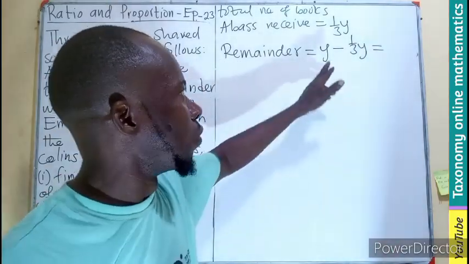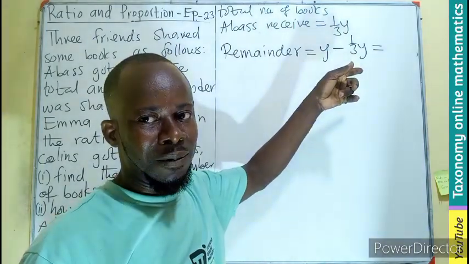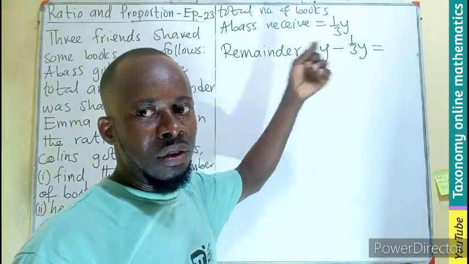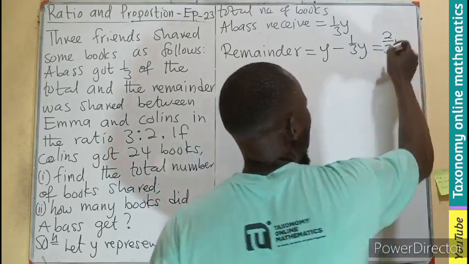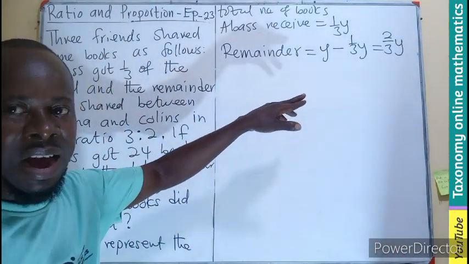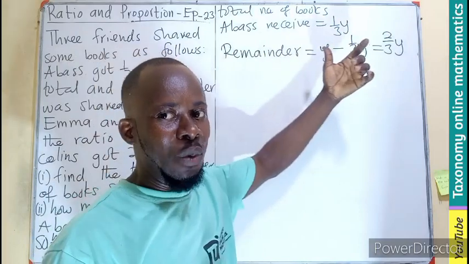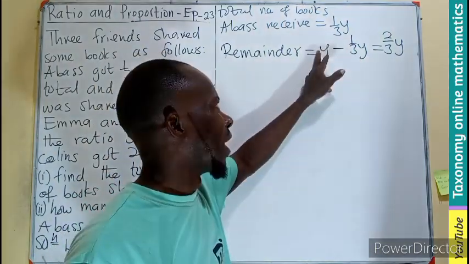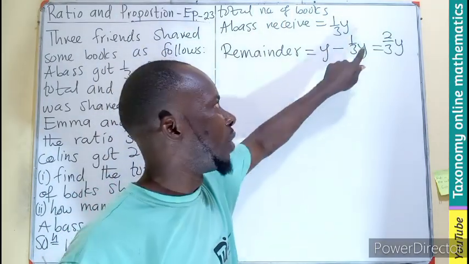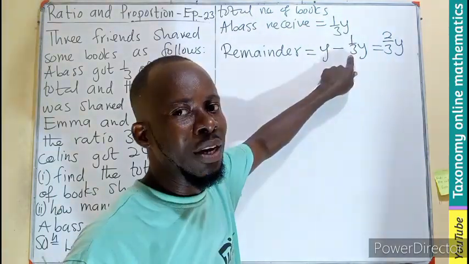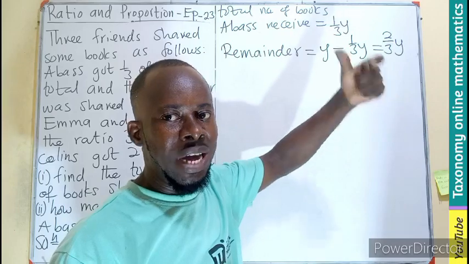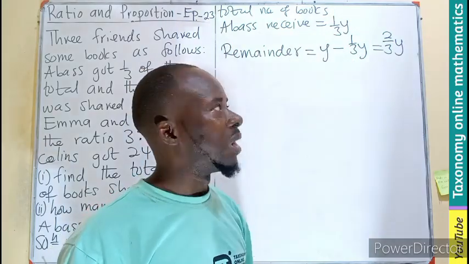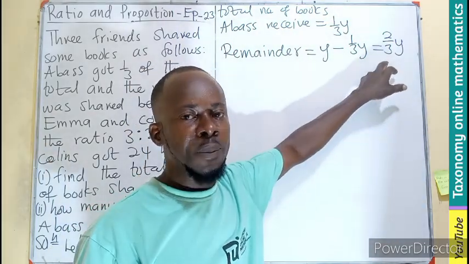This is also 1 minus 1/3, which gives us 2/3, so the remainder is 2/3 of y. I've explained how we can subtract a fraction from 1: we look for the number we add to the numerator to get the denominator, or take the numerator away from the denominator, and you get 2 over the same denominator.